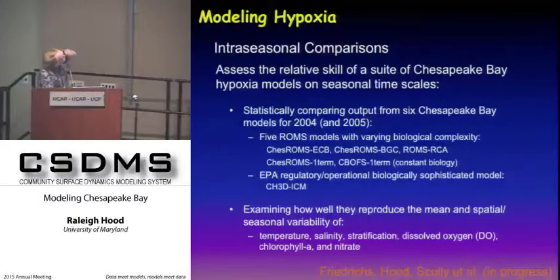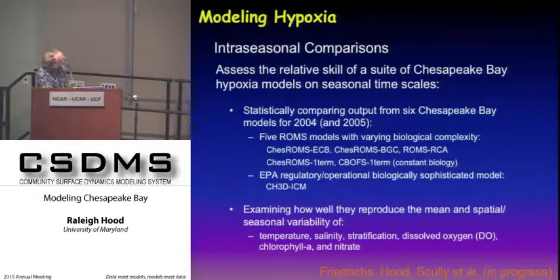And for the intraseasonal comparisons, I'm going to try not to bore you with this, but we're comparing the output from 6 Chesapeake Bay models. We're focusing right now on 2004 and 2005. To make a long story short, as you can see, the ChesROMS engine is being used in here extensively.